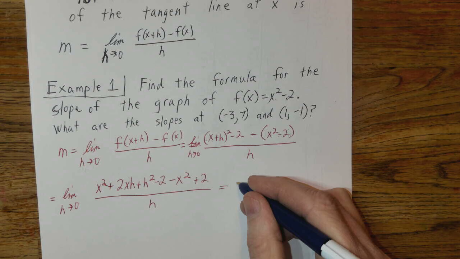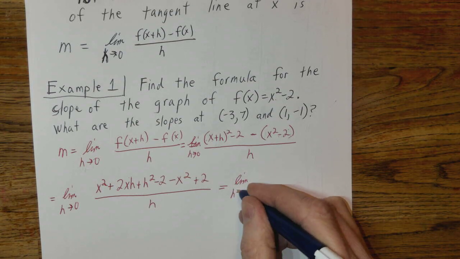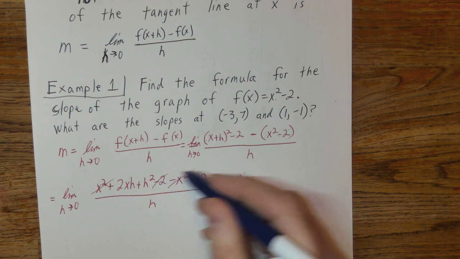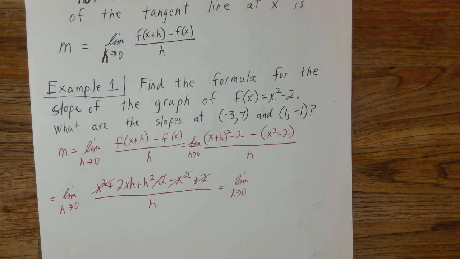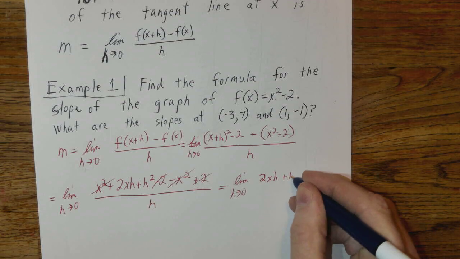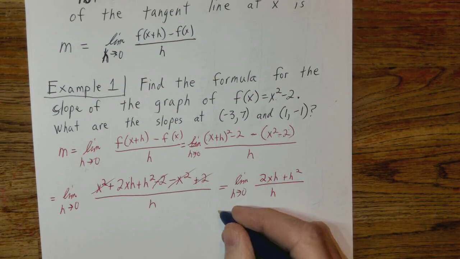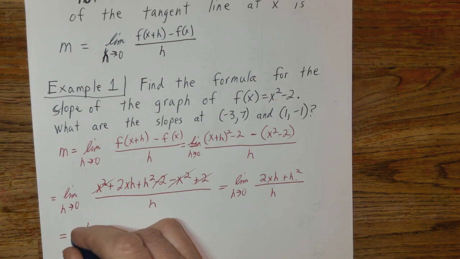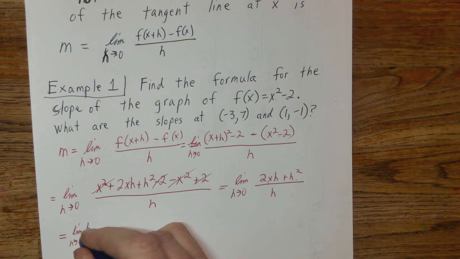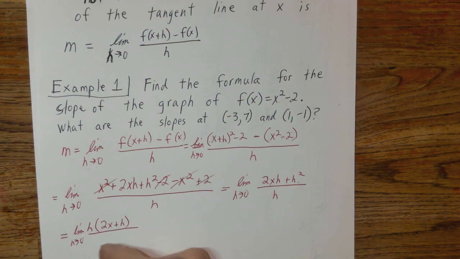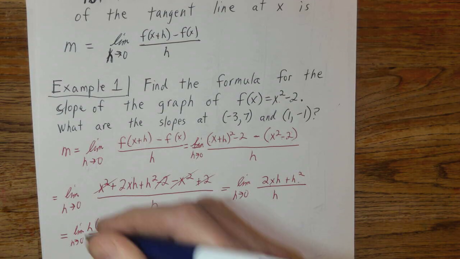And then the limit as h approaches 0, let's see what we can get. The negative 2 and positive 2 are canceling. So I'm looking at 2xh here and h squared here, and that's over h. If I factor out an h, I have 2x plus h in the numerator, and then I have an h in the denominator.